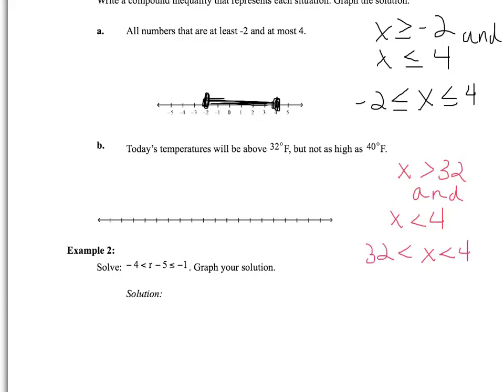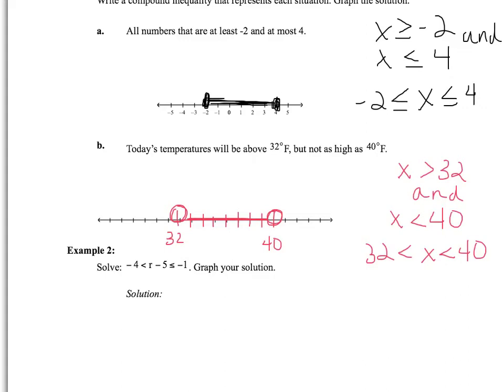If I draw my points, I'll label this one 32, 33, 34, 35, 36, 37, 38, 39, 40. It's greater than 32, but less than 40.